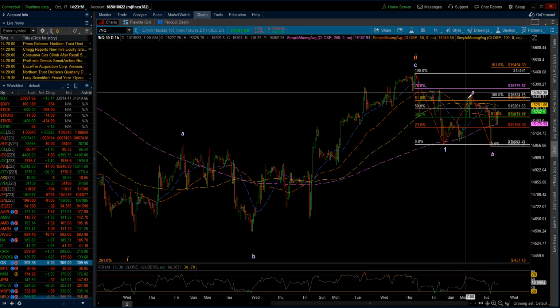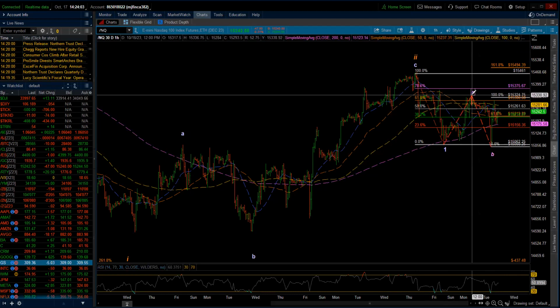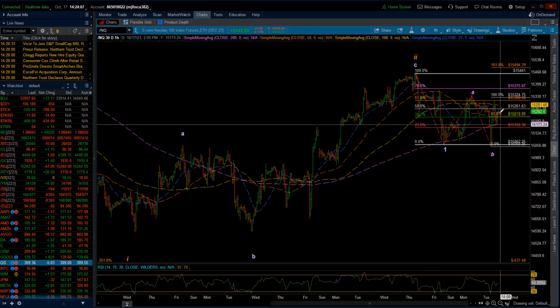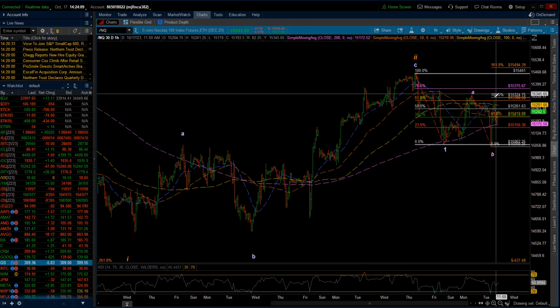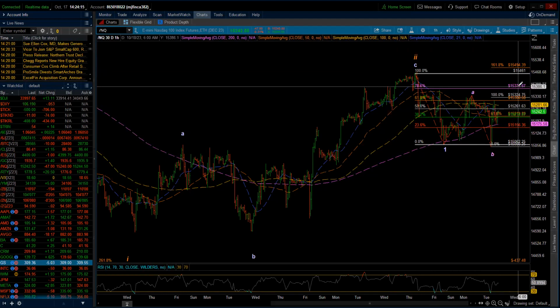If wave C equals wave A, it's going to be at 15,325. That high is 38. But we do have additional resistance just for a minute wave 2 at 15,375.